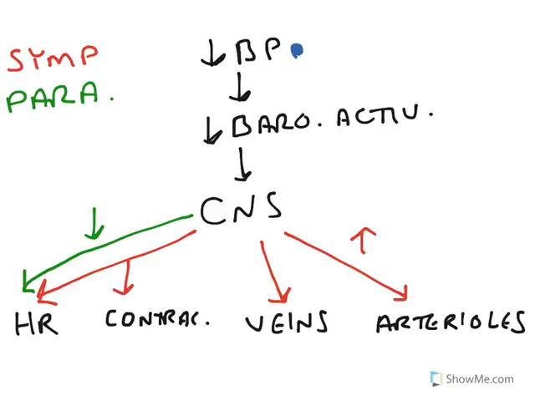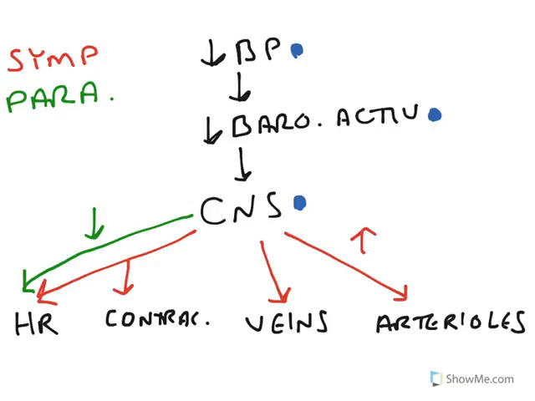Now, if your arterial blood pressure decreases, this drop is detected by the baroreceptors in your carotid sinus. So the activity in the nerves supplying the baroreceptors decreases, thus informing the central nervous system, particularly the medulla, of a change. And the central nervous system is able to influence the various target tissues through the pathways that we discussed previously.